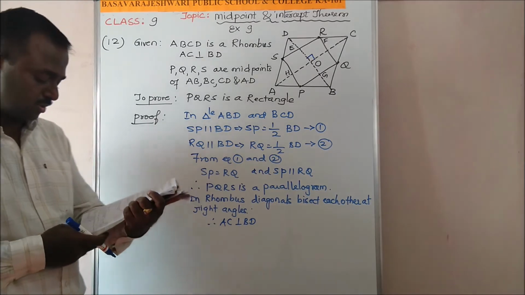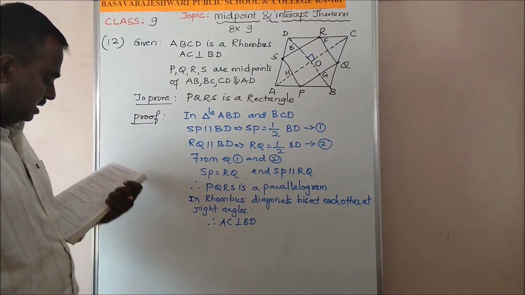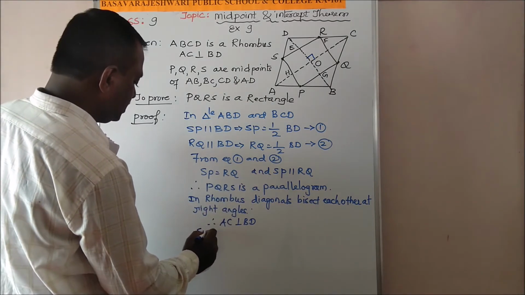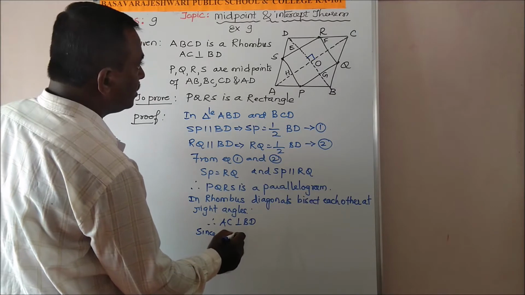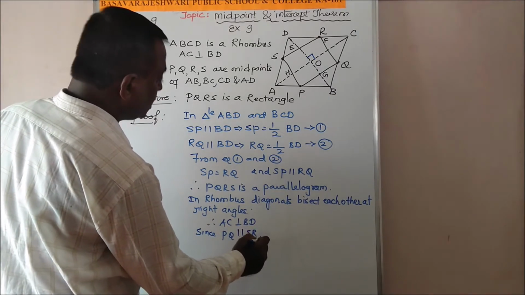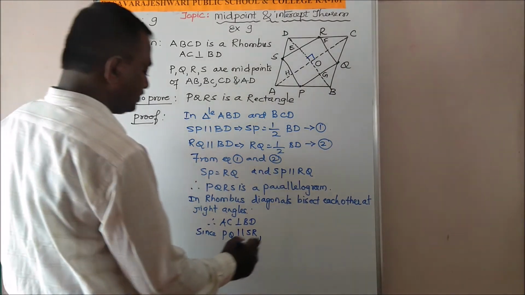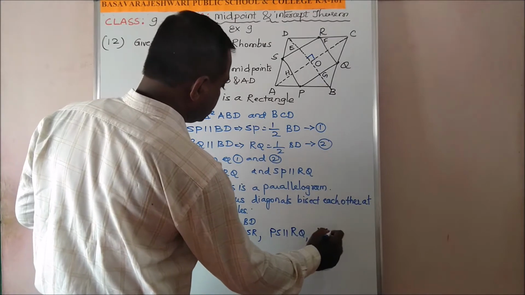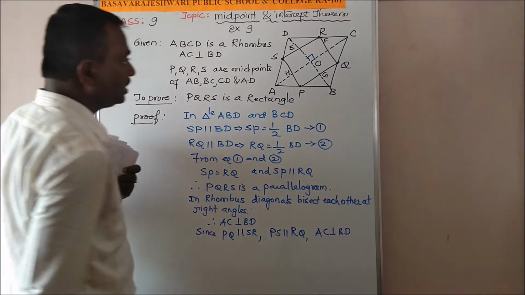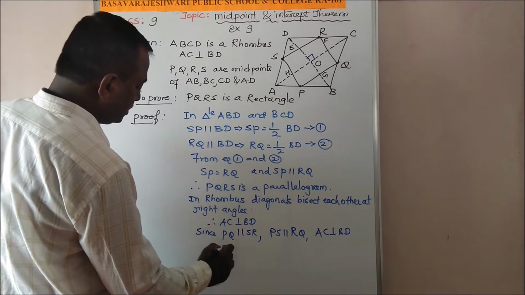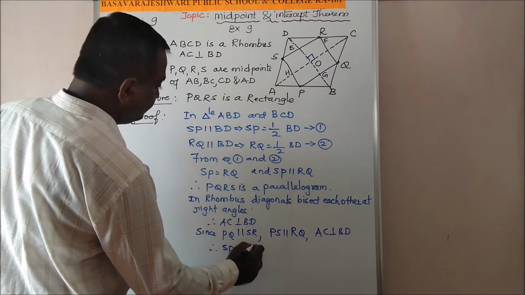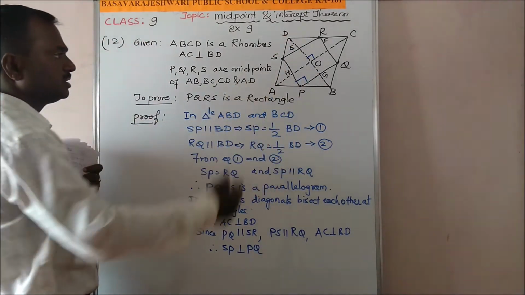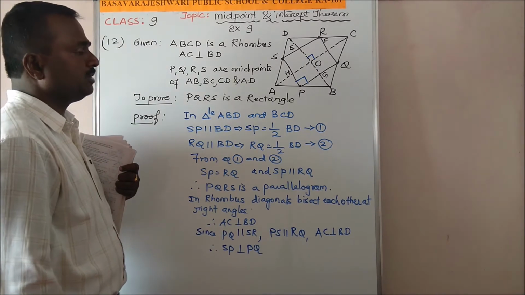So already we know PQ is parallel to SR, and PS is parallel to RQ, and AC is perpendicular to BD. This implies SP is also perpendicular to PQ, because SP is parallel to BD.